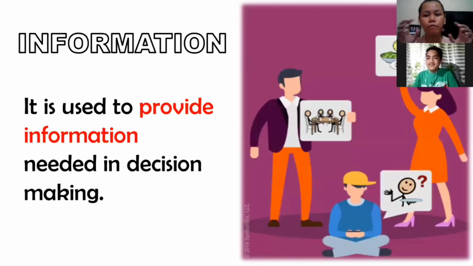Information. Coming from the word itself, ibig sabihin, we use communication to provide information. It's not necessarily always in decision making. Sometimes pang stock lang natin sa utak, pang store. Pag sinabi natin information function of communication, ibig sabihin, meron tayong nakukuhang knowledge bago sa paningin, bago sa utak.